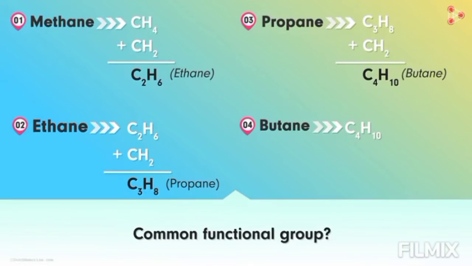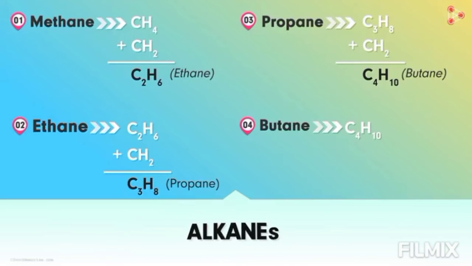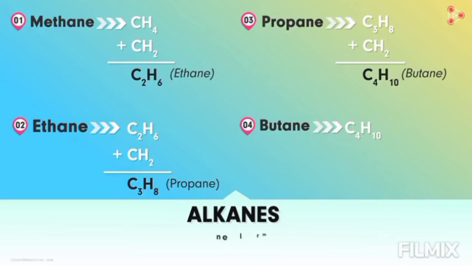Similarly, by adding this, we can see that there is a common functional group for these alkanes. In these compounds we can see single covalent bonds, so they are known as alkanes. They have a common group CH2 that has been added.